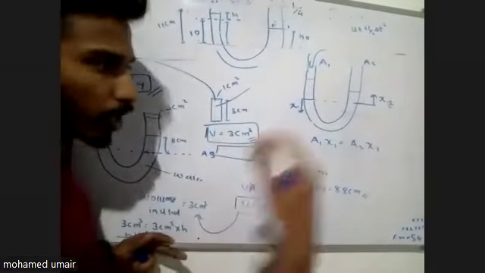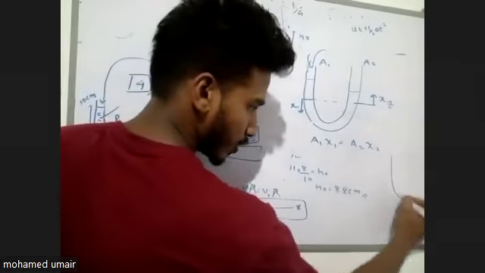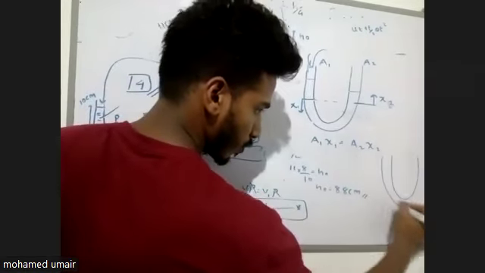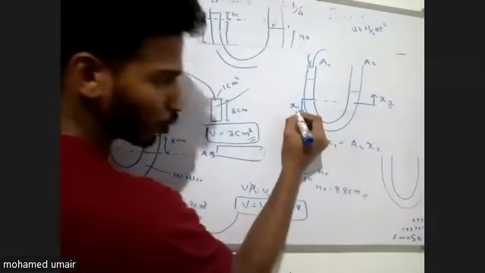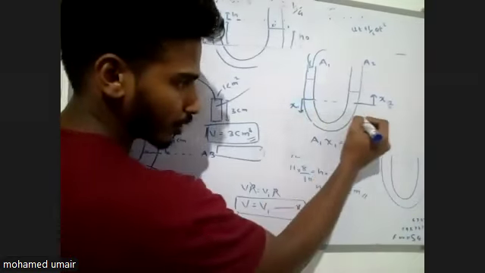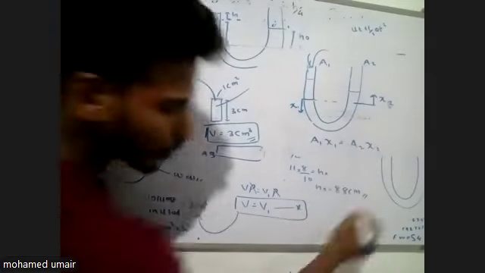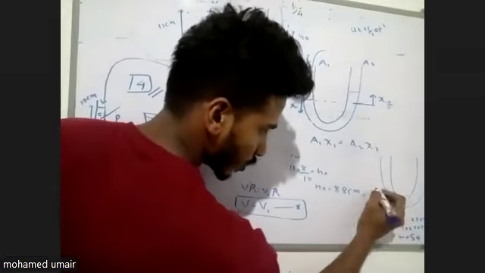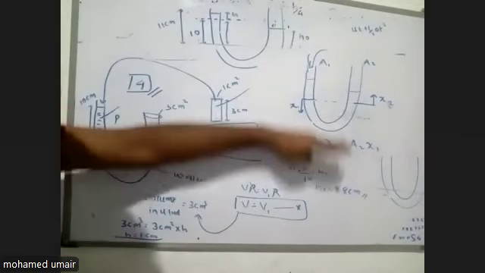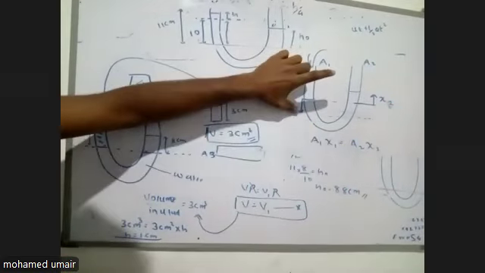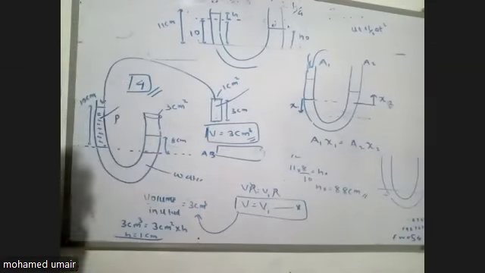So now your new diagram is, this will be my U-tube. And from my common interface, now my common interface is here. This has gone down. So this is here. So you must be careful with that.